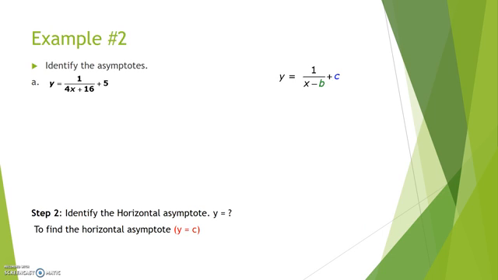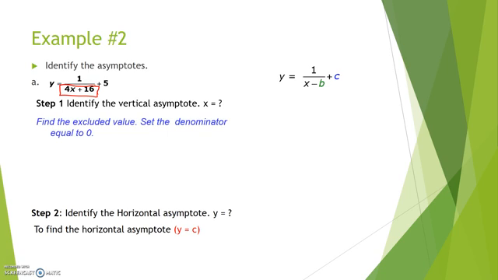So let's do this example of identifying my asymptotes. We have y equals 1 over 4x plus 16, plus 5. The first thing we're going to do is identify our vertical asymptote, so finding what x equals. What we have to do is set our denominator equal to 0 and find the excluded value.